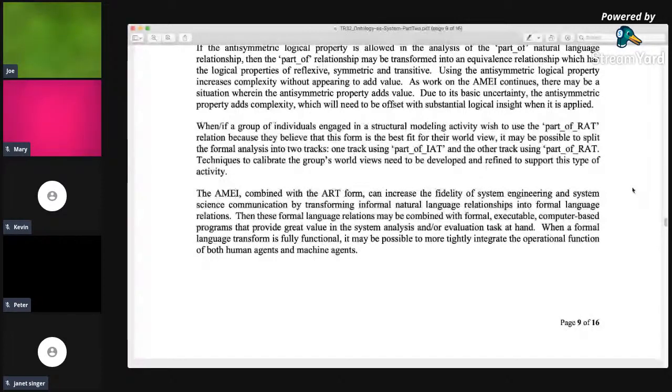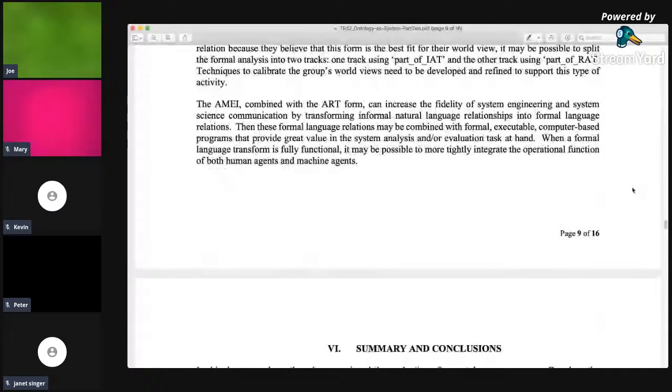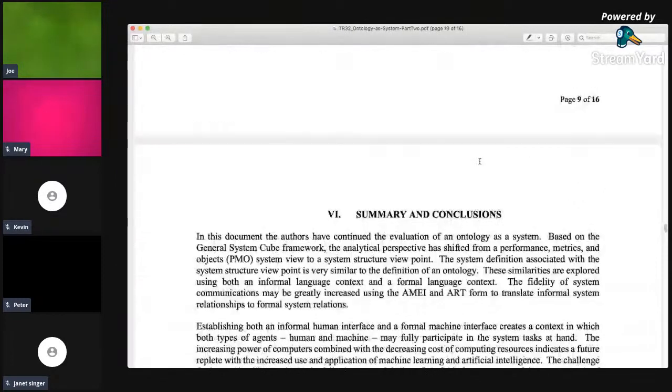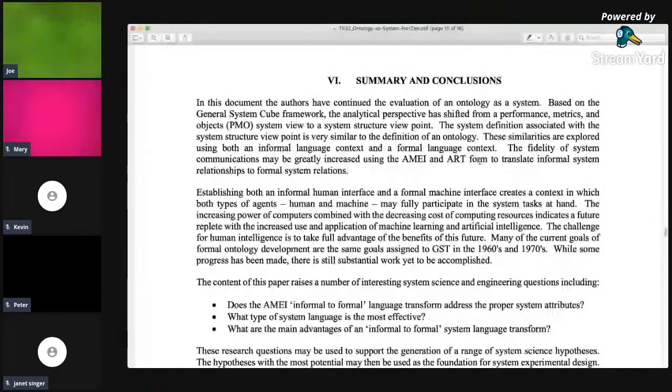So the AMEI combined with the art form, again, can increase the fidelity of systems engineering and system science communication by transforming informal natural language relationships into formal relationships. So when you start looking at it at this level, you say, well, people never make these kinds of logical mistakes.